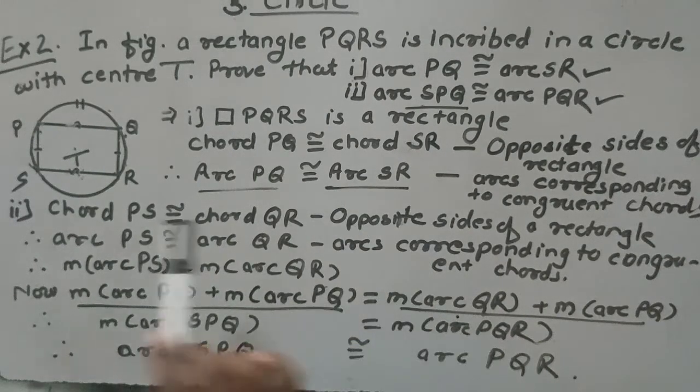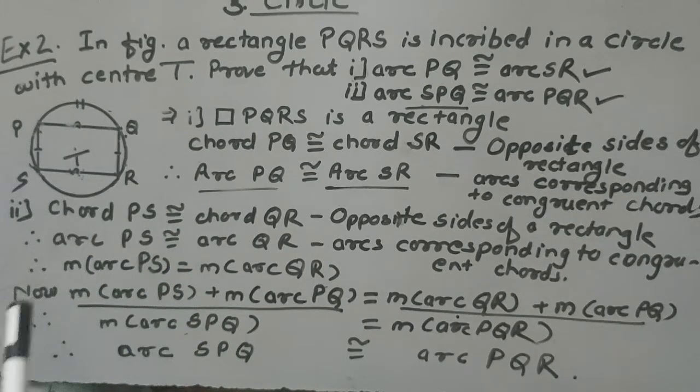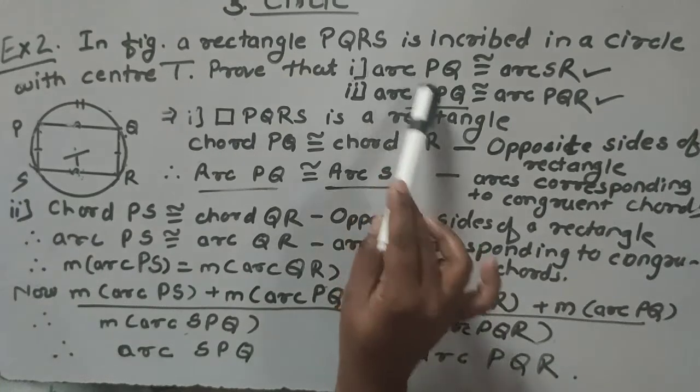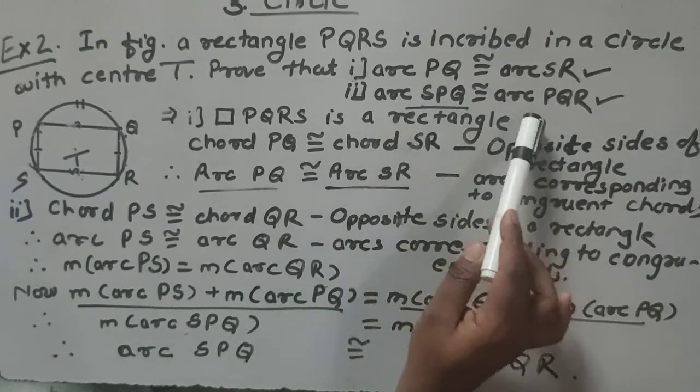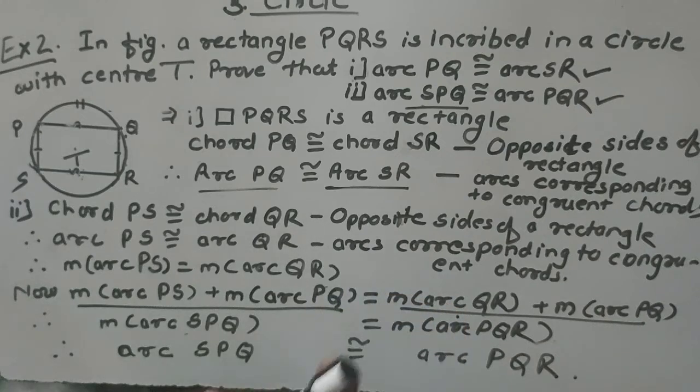So we prove this by using the properties of rectangle and the properties of arcs of a circle. Afterwards we will see some of the important points we studied, and then you are going to solve practice set 3.3 by using the properties we just learned.